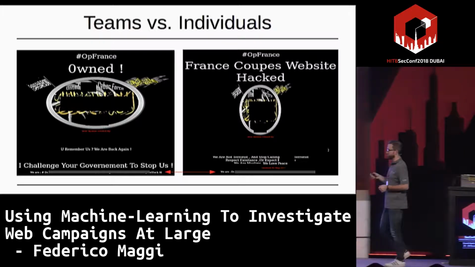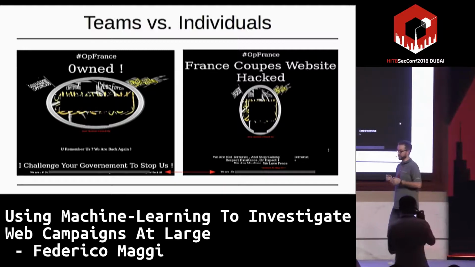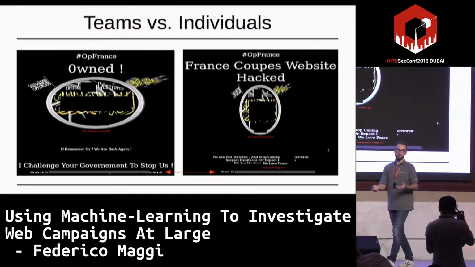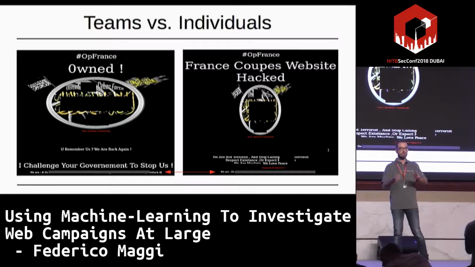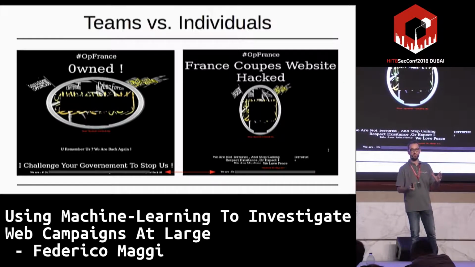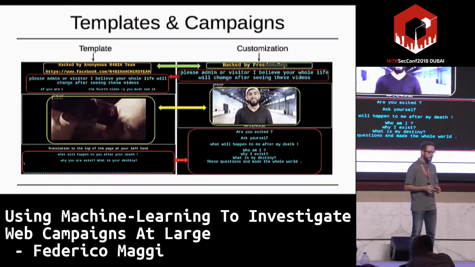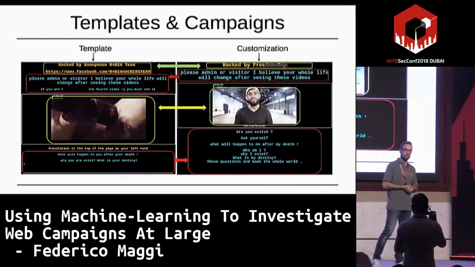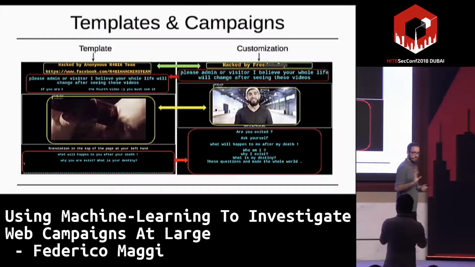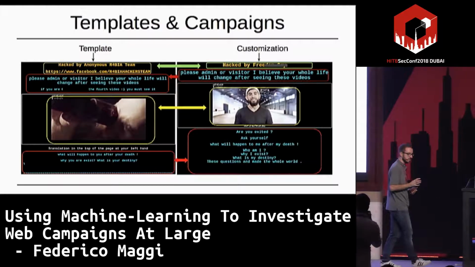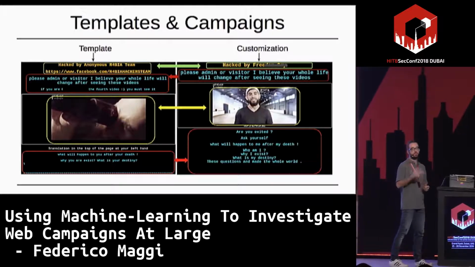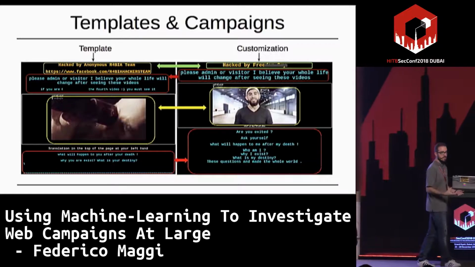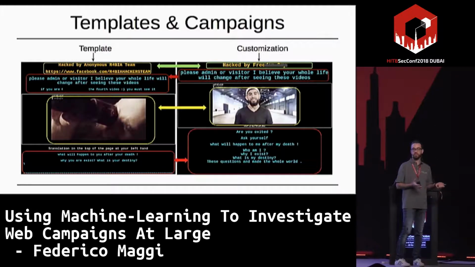This is interesting because it shows that attackers do not always act alone. They group up and they like to show off the mischief of the group. Another interesting observation is that if you look at these two web pages, you can tell immediately that one is derived from the other one. So the one on the left looks more like a template.